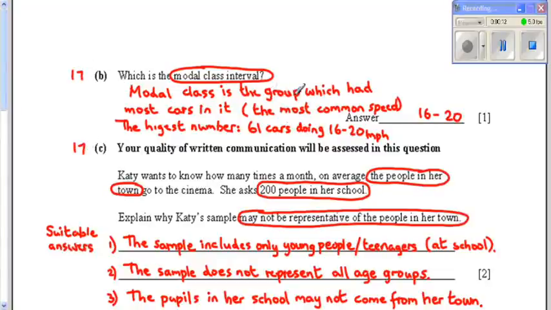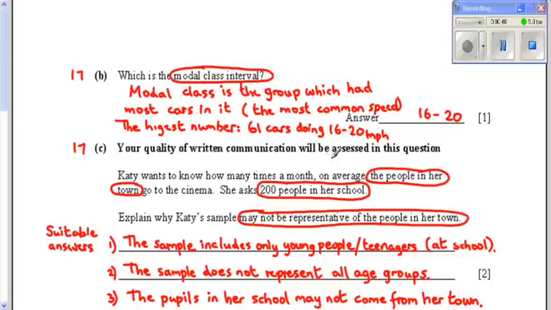So the modal class interval, you need to remember that the mode or the modal class is the group which has most cars in it. So when you look back at the table, the group with most cars in it, there were 61 cars who were doing 16 to 20 miles per hour. So the modal class or the modal group then is 16 to 20 miles per hour.